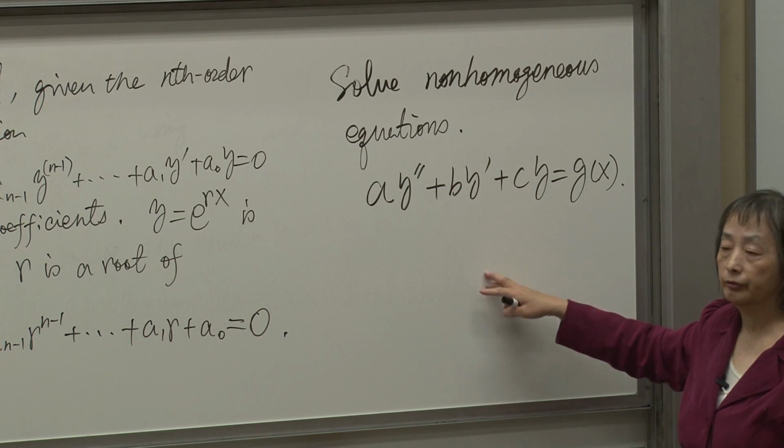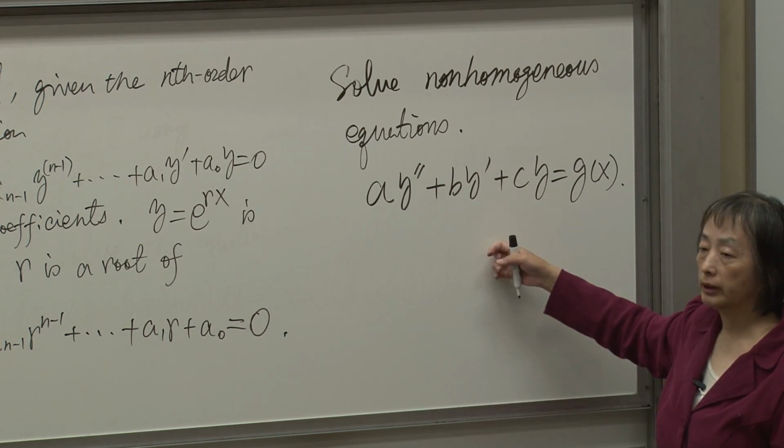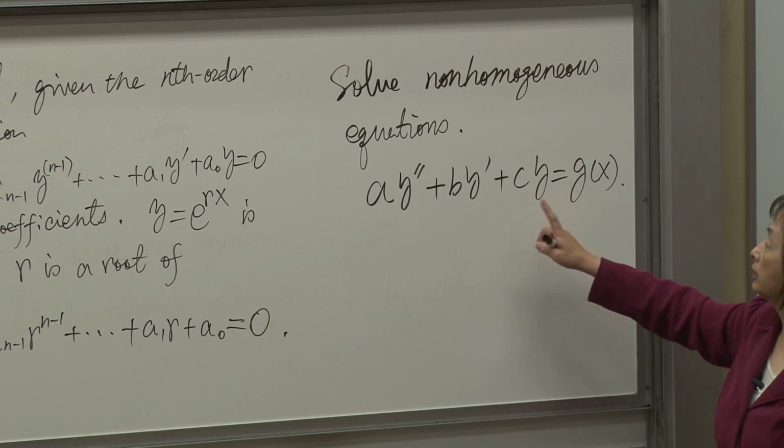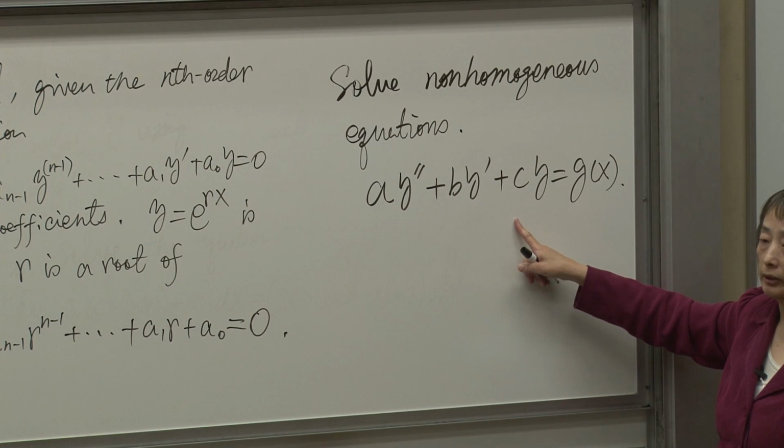The sum of the particular solution and the general solution to the homogeneous equation is a general solution to this non-homogeneous equation.